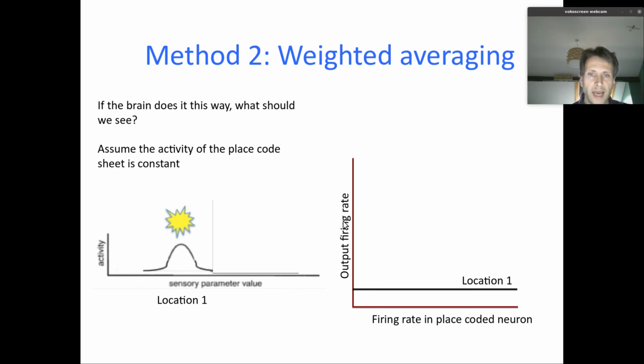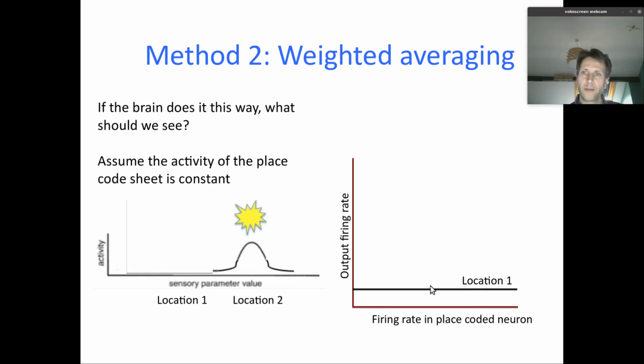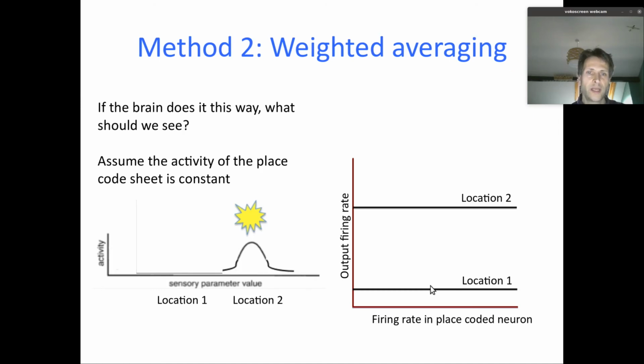So we get a fixed output firing rate for activity at location 1. At location 2, we get a higher output firing rate, but it's fixed for location 2.